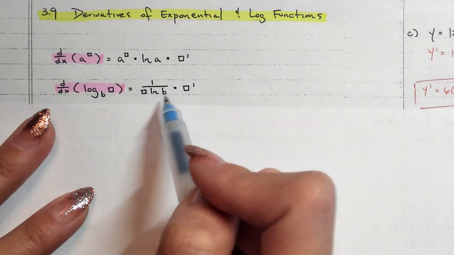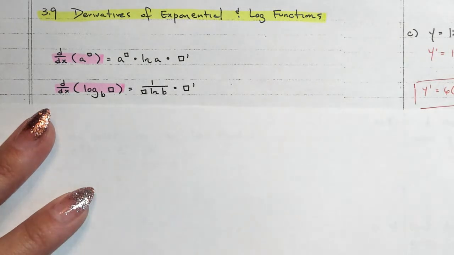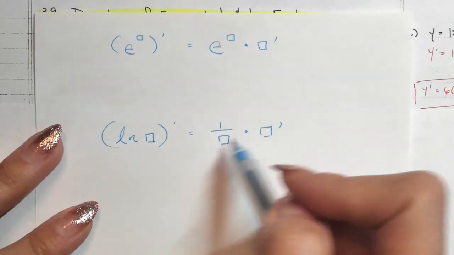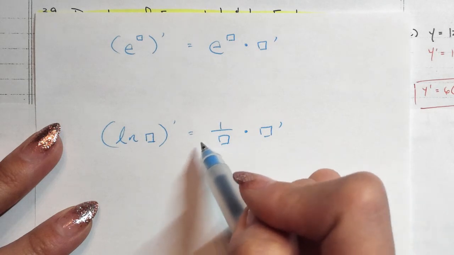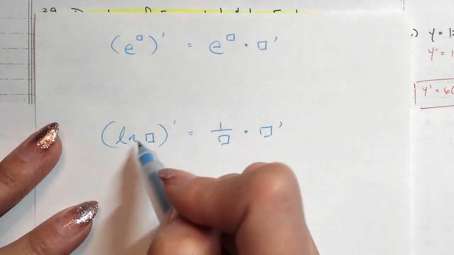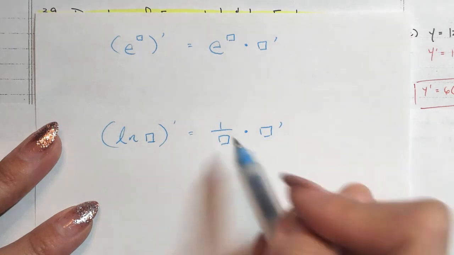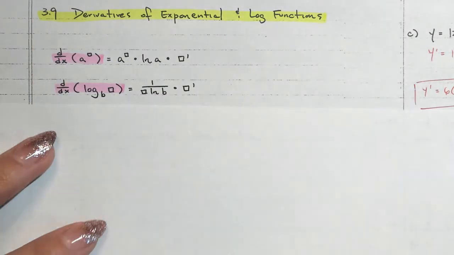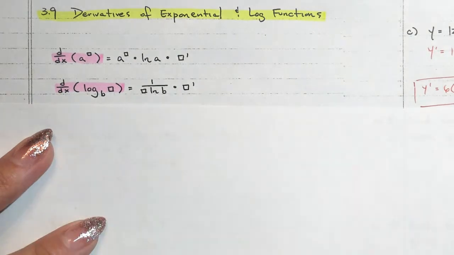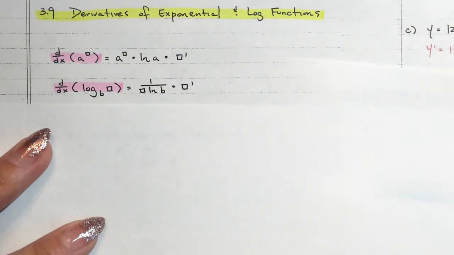What is ln of b? That's ln of the base. But what about this? ln of b, if we wrote it on the bottom, would be ln of e, because that's the base of a natural log. ln of e is, again, 1, so it doesn't change this. So this is a more specific version of these general rules.